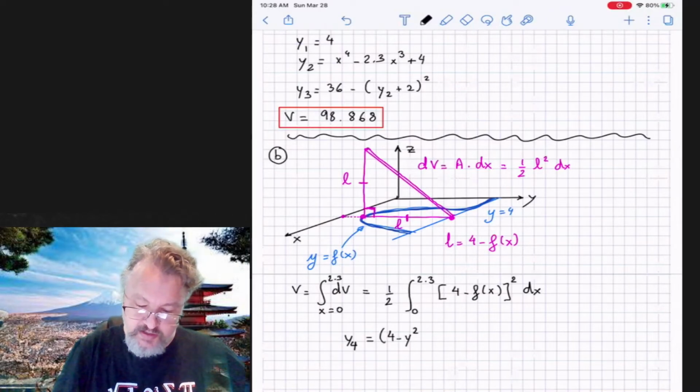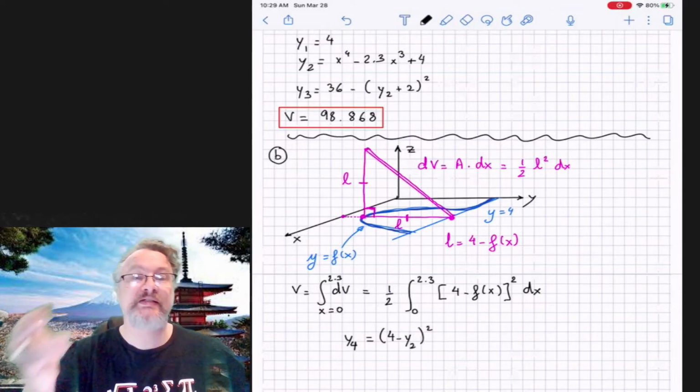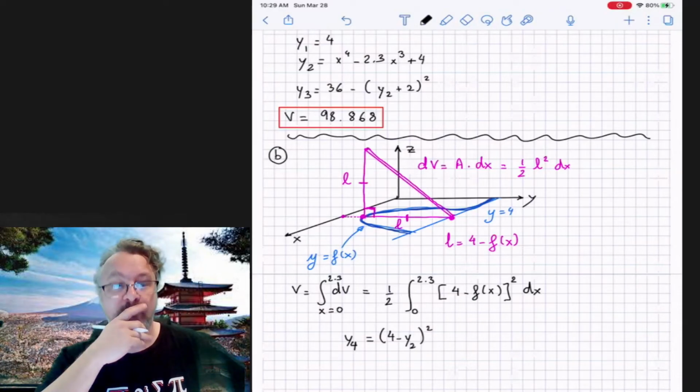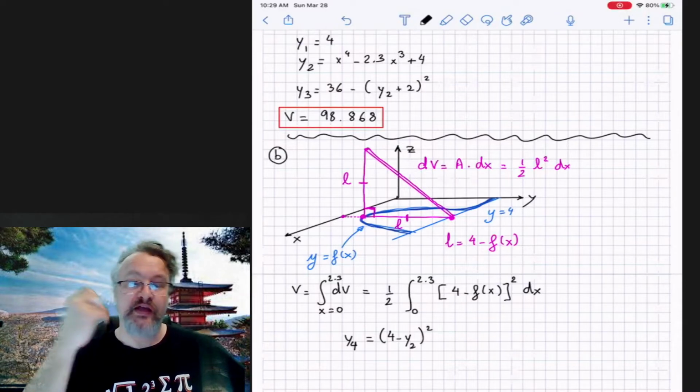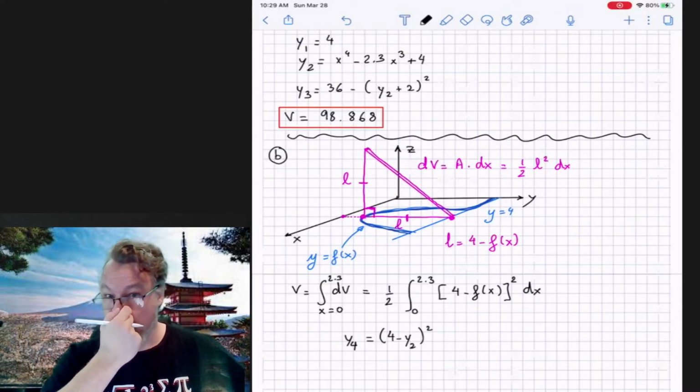Then I'm going to square this, not y square, y2. Square like this. That's all I'm going to do. And then I'm going to use my calculator to calculate this.